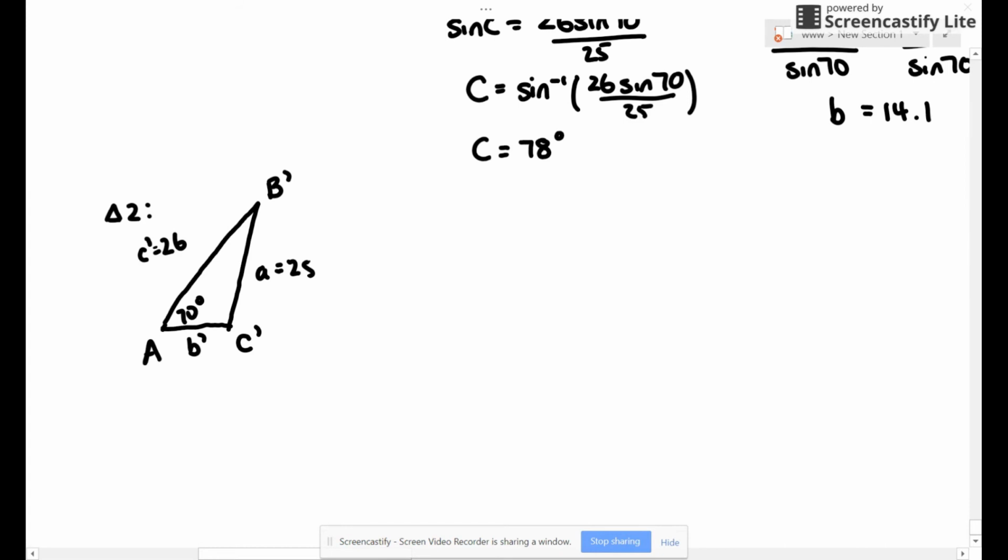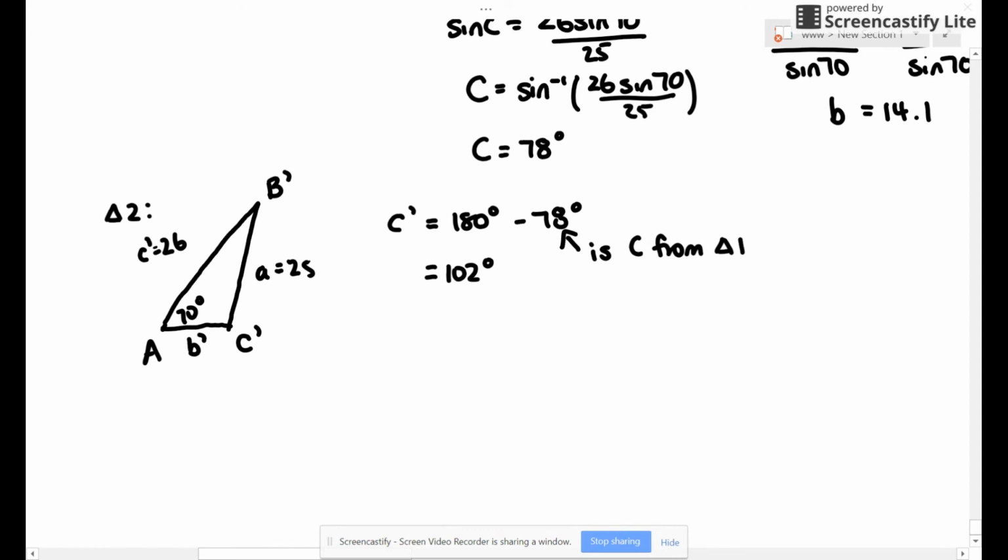Once we have this, the second triangle is a lot easier to solve. So first, to figure out C prime, we're going to do 180 subtract 78 degrees. This angle is C from triangle 1. Okay, we're always going to take the first angle that we found in the first triangle and subtract it from 180 to find my new, quote-unquote, C prime. So 180 minus 78 leaves me with 102.